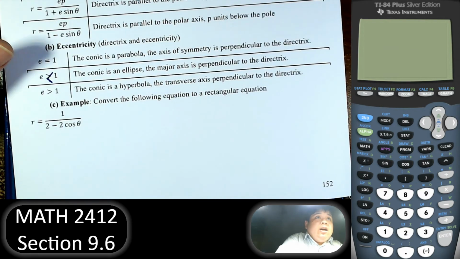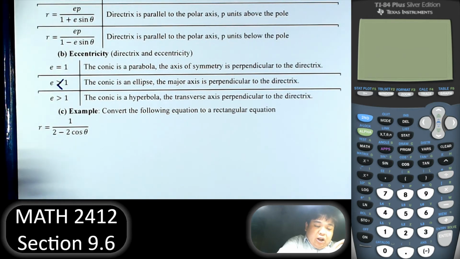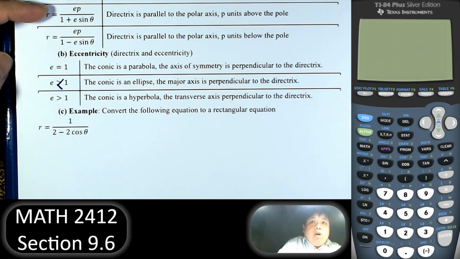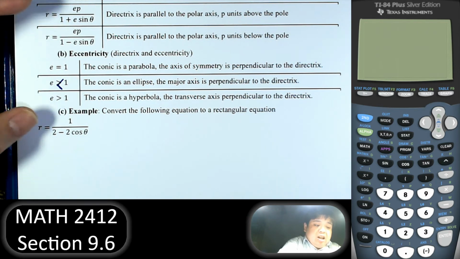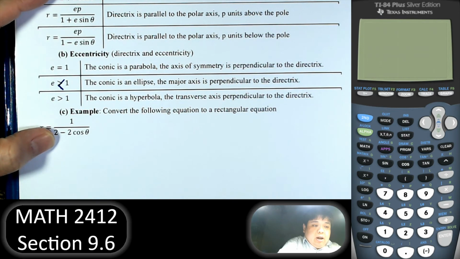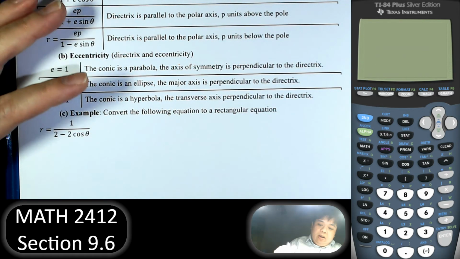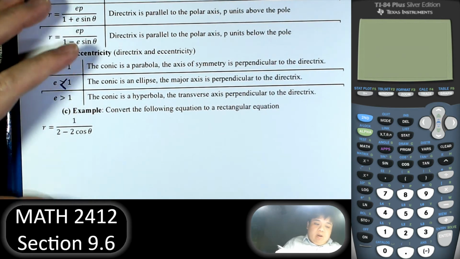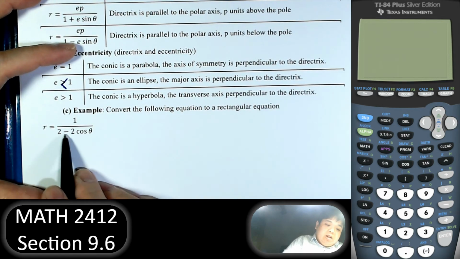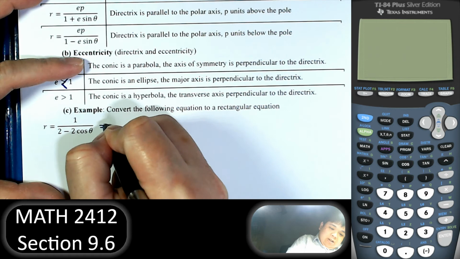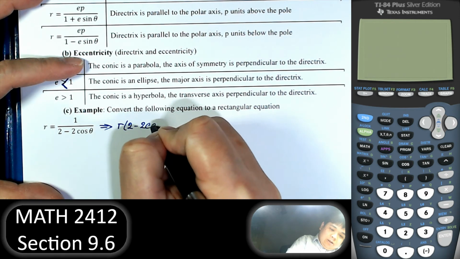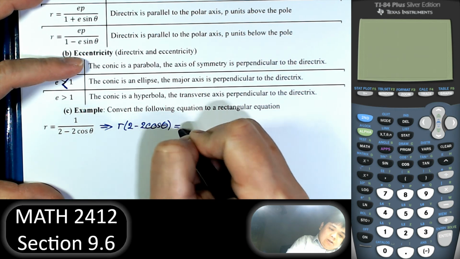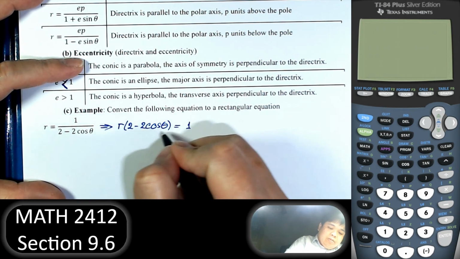So we just need to know the relation between the eccentricity and the form of the conics. What we need to know in this section is how to turn this into rectangular form. So first was cross multiply. Equal to 1. Multiply it out.